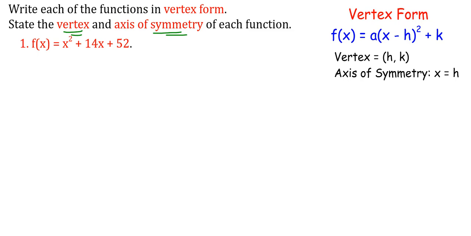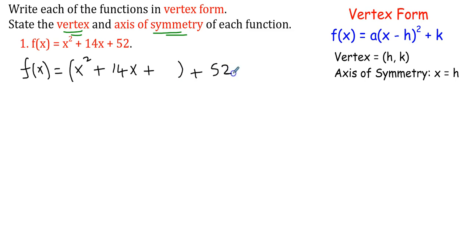Okay, so let us follow the steps that we have discussed earlier. The first one, I'll group this first and second terms together. So f of x is equal to x squared plus 14x plus, I'll even leave some space here because you have to get that third term here, plus 52.